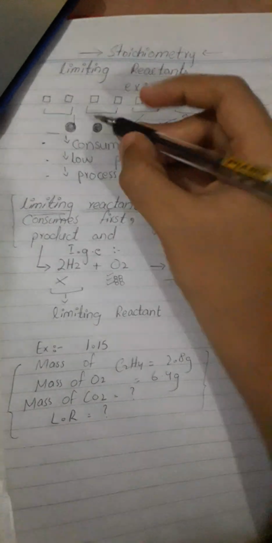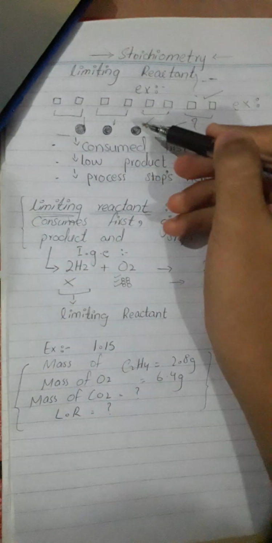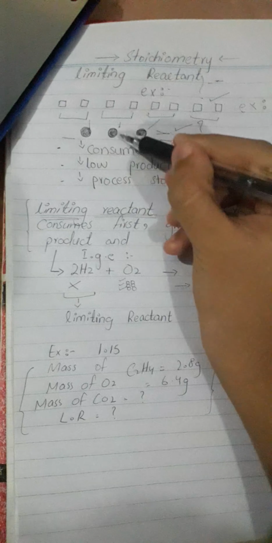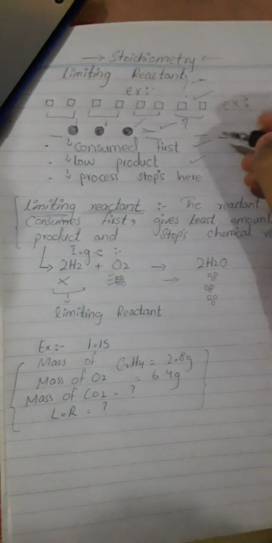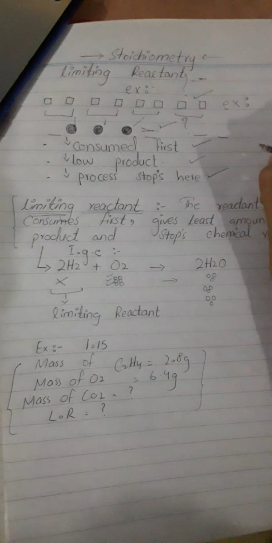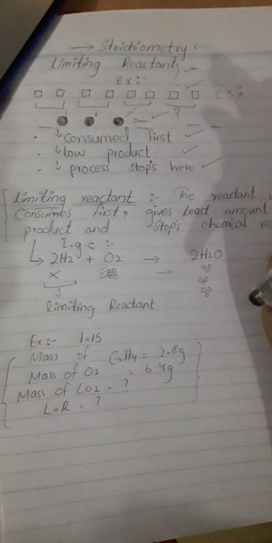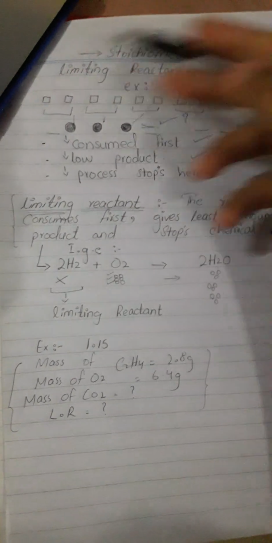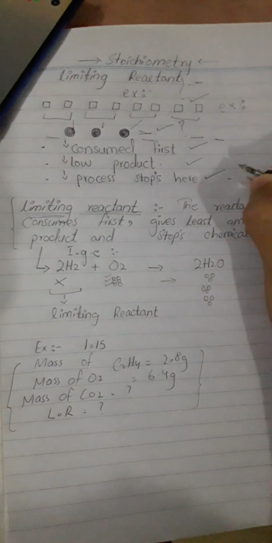As we have a low product right here and high reactant, you can understand this is the product by seeing its low amount. Third, the process stops whenever the reactant gets consumed, as happened right here. The same is prescribed here, so you can get an idea.